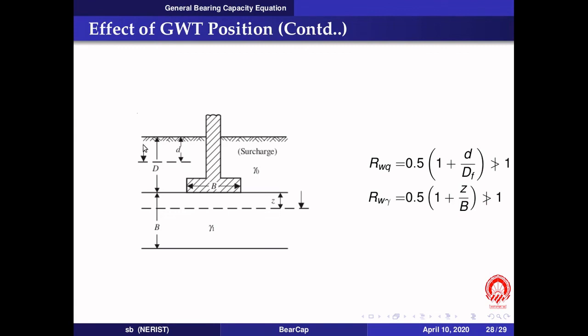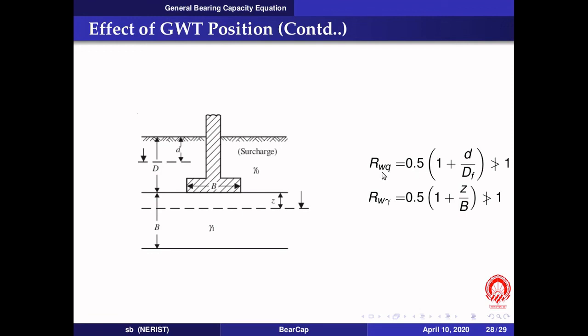That is why if I have a usual kind of sand, and the water surface rises up to the ground level, then the submerged density becomes about half of the usual density, and that's why this water table reduction factor should reduce to 0.5.